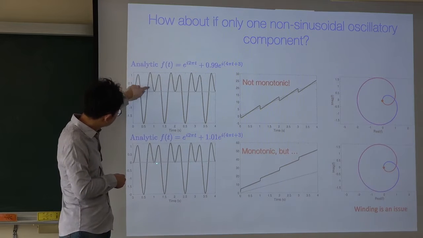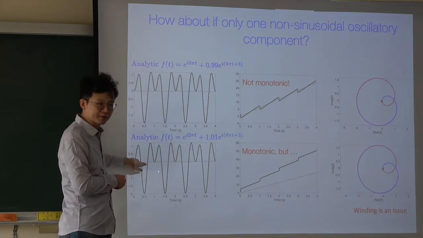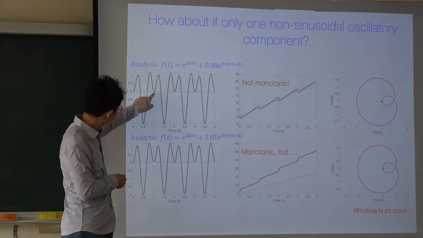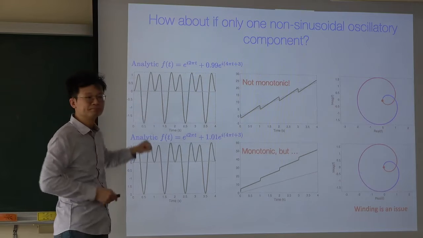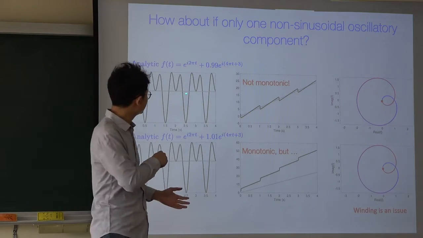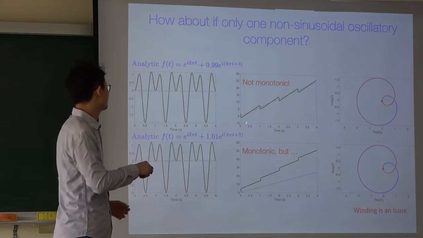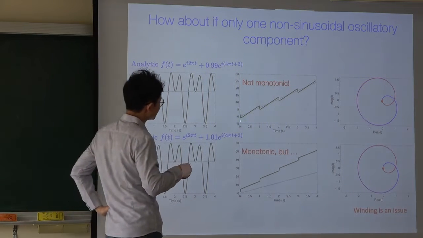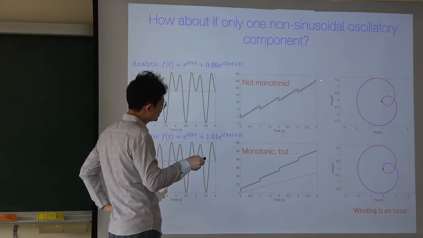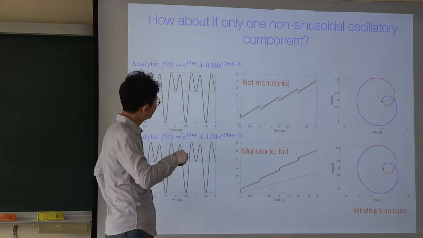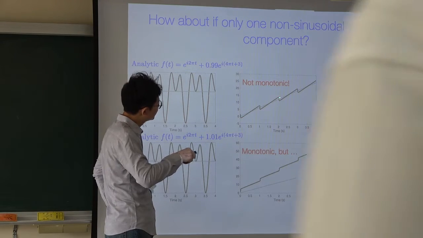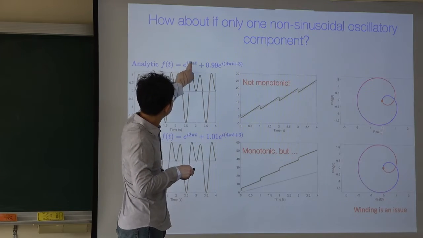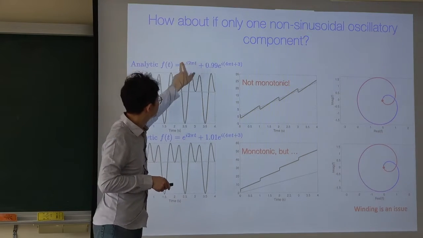So if you pay attention to these two signals, they look almost equivalent. The only difference is that there is a small cross of 0 here, and there is no cross here. If you evaluate their Hilbert transform and get a phase, what you see is that for this one the phase is not monotonic, but it seems to follow the gray line, and the gray line is the phase of this 2 pi t, the fundamental component.